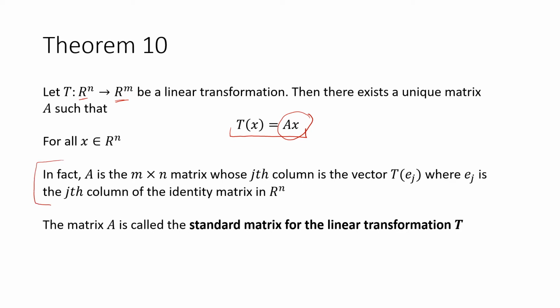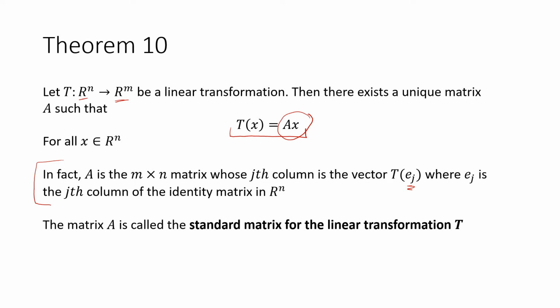And the second thing is, in fact, that matrix is defined by the columns of the identity matrix. In the previous example, I told you what T(1, 0) was and what T(0, 1) is. Notice those two vectors are the columns of the identity matrix.